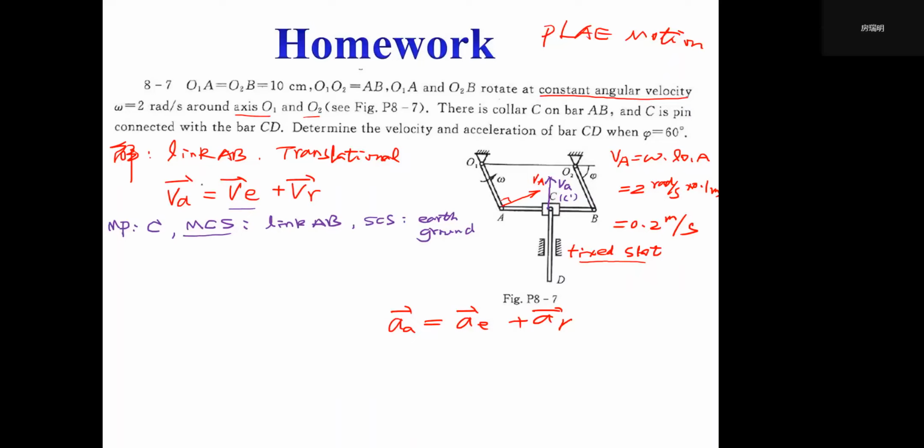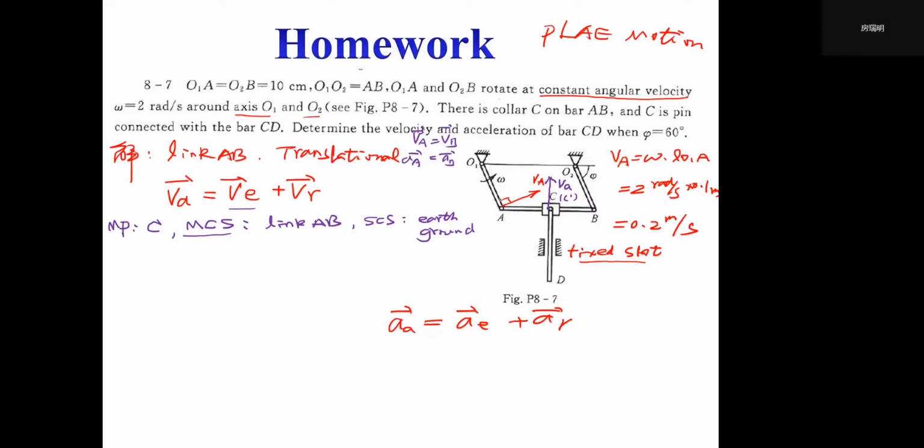Since AB is a rigid body with translational movement, do you guys still remember that in a translational rigid body any two points will always have the same velocity and the same acceleration, right? So here our VC prime will have the same magnitude and same direction as VA. And we know VA's direction and its magnitude.